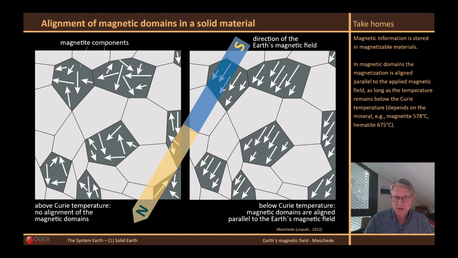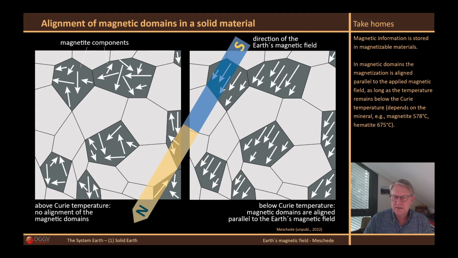For example, basaltic rocks formed at a spreading center from an igneous melt contain a lot of magnetite, which can store the orientation and intensity of the Earth's magnetic field at the time of its formation.